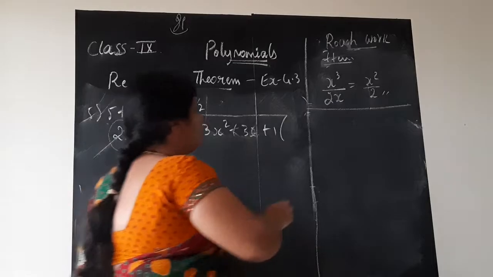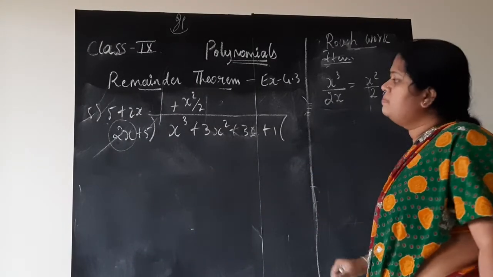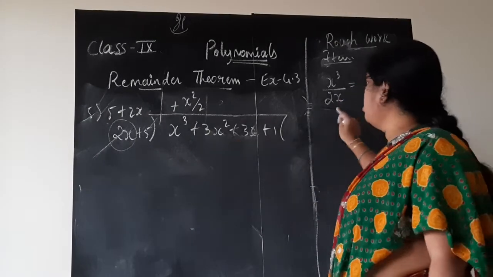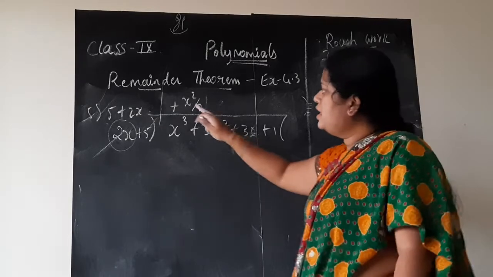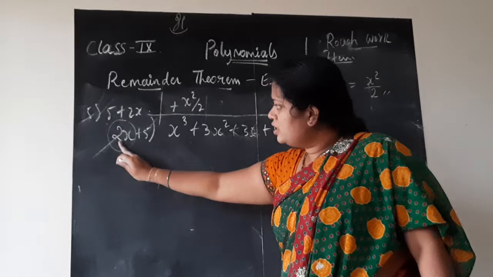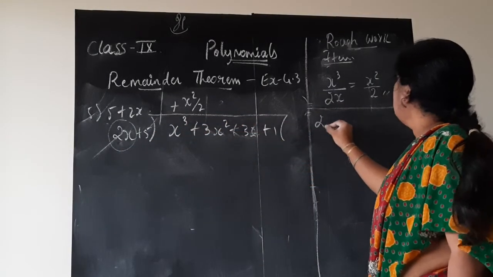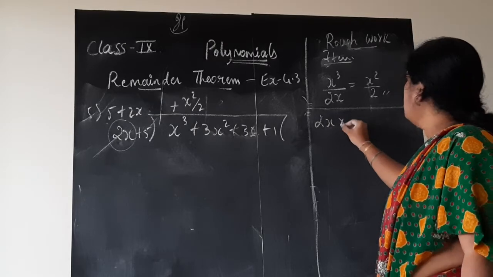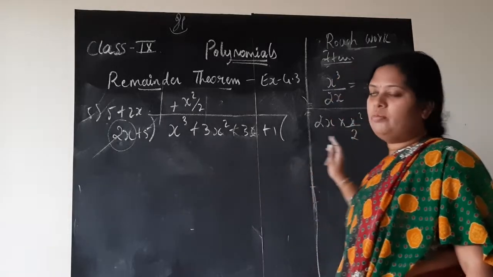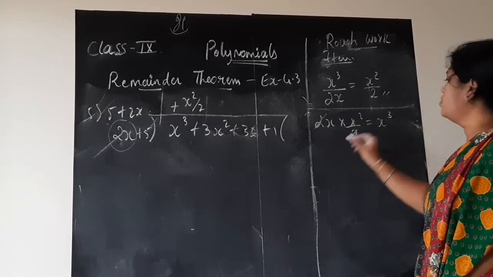Now 2x into x square by 2. Since fractions are coming in this problem, I will show the multiplication here itself. After writing the quotient x square by 2, next I multiply the first term of the binomial, 2x, into x square by 2, the quotient. The 2 cancels, and x into x square is x cube.